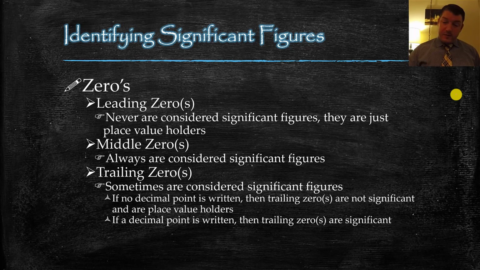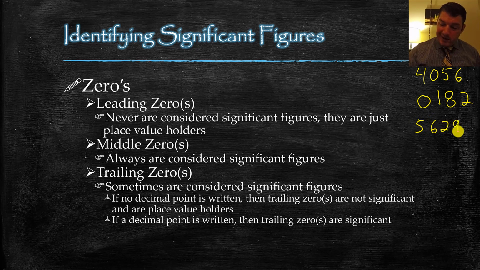First value is going to be 4,056. The second value is going to be 0.182. Third value is going to be 56,290.